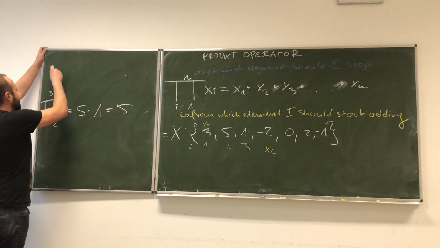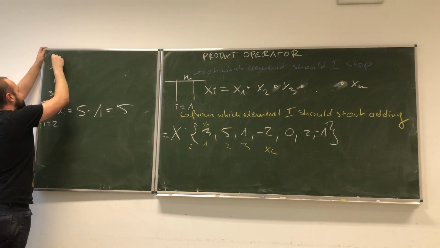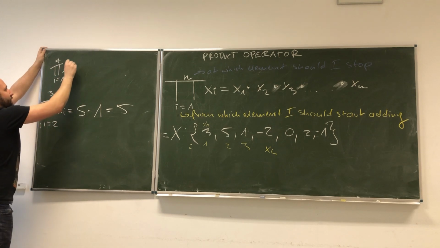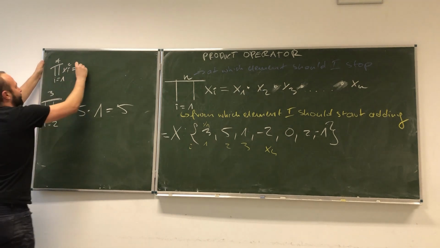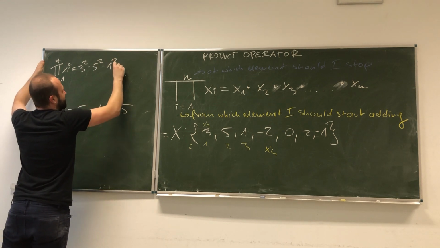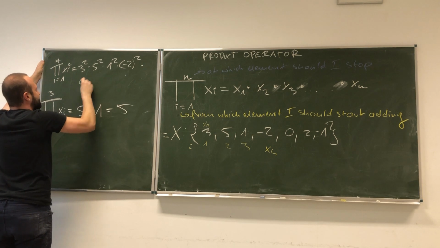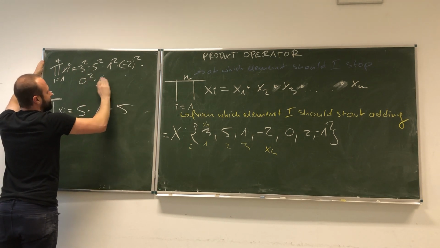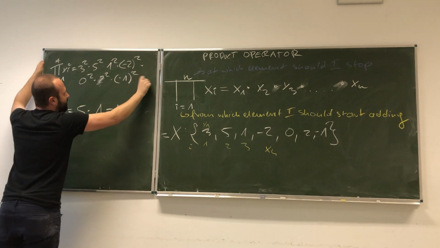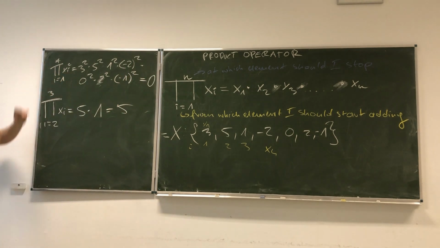If I would have the product from i equals 1 to 7 of xi squared, we would be taking 3 squared times 5 squared times 1 squared times -2 squared times 0 squared times 2 squared times -1 squared, which of course is simply 0.